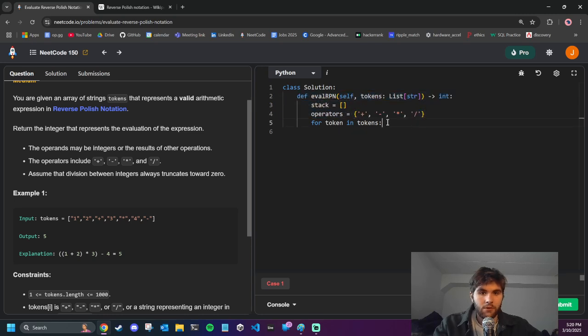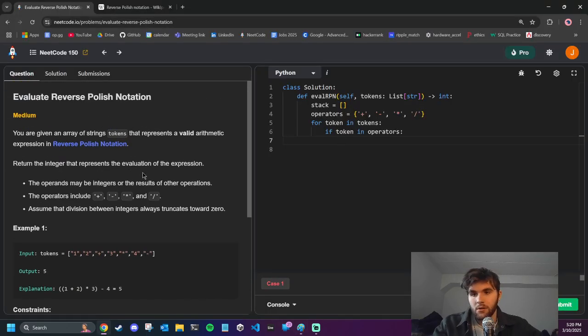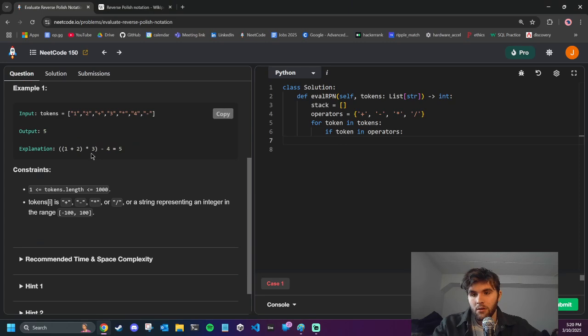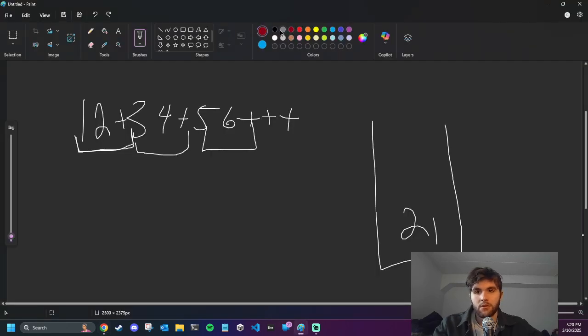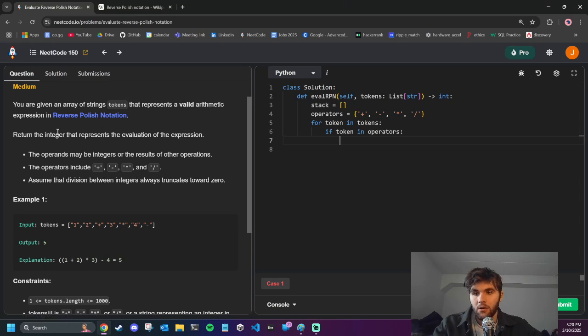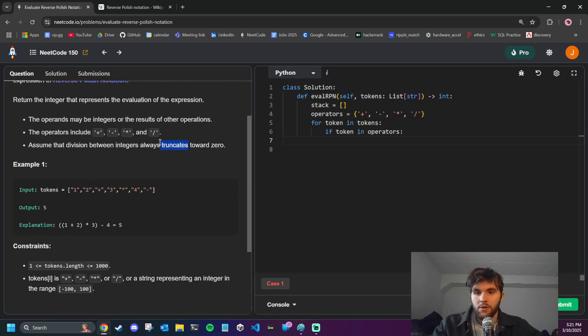Stack operators. All right, so we're going to check, is our token an operator? So if token in operators, then, should I do something if it's invalid? Like what if we get a string that's just plus, right? That's invalid. Also division.